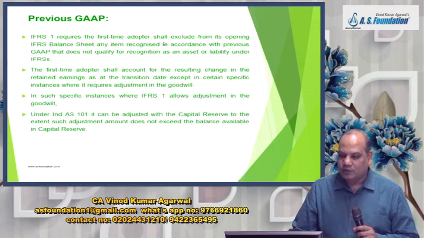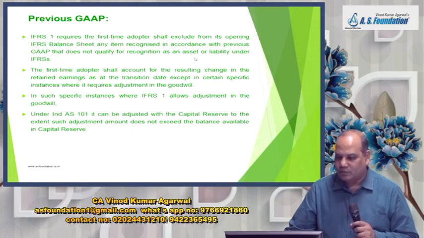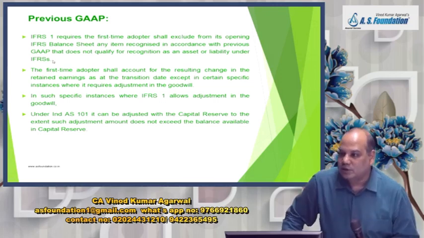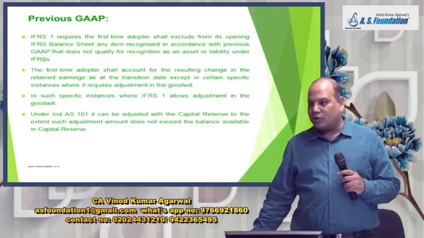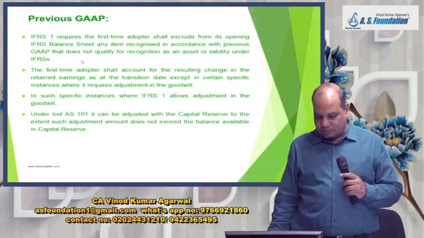IFRS 1 requires the first time adopter shall exclude from its opening IFRS balance sheet any item recognized in accordance with previous GAAP that does not qualify for recognition as an asset or liability under IFRS. This we have discussed in the beginning paragraph today. Whatever do not meet the definition of asset and liabilities under IFRS, you are required to de-recognize such item.